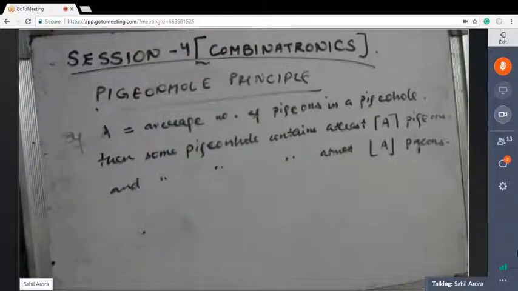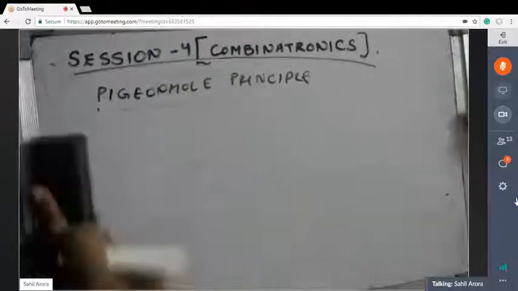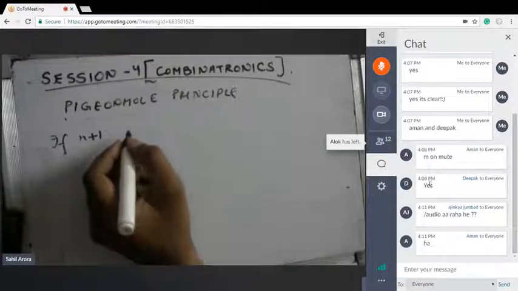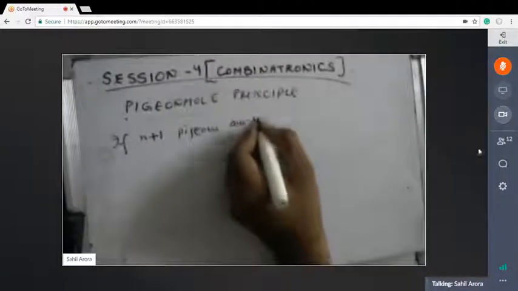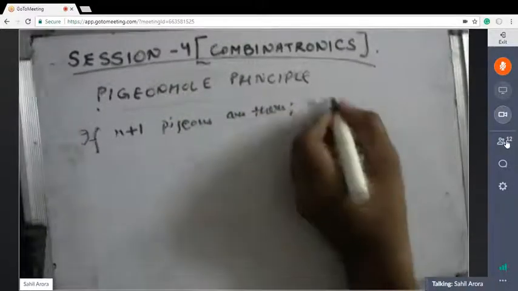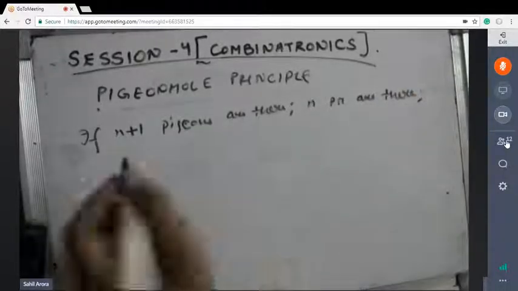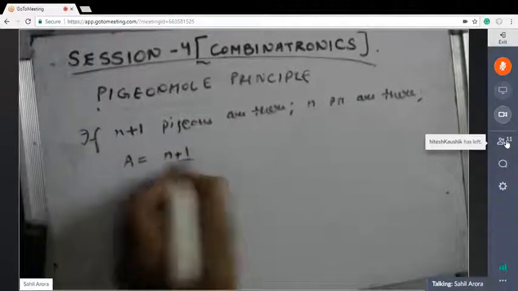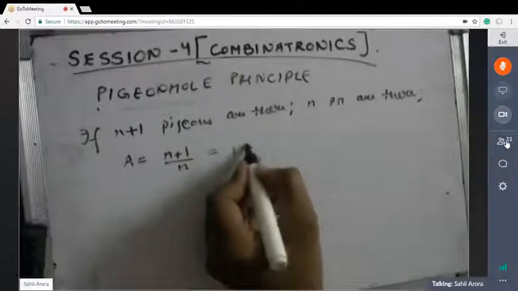Now I'm writing one more statement. If n plus 1 pigeons are there and n pigeonholes are there, then the average would be n plus 1 by n, which I can write as 1 plus 1 by n.